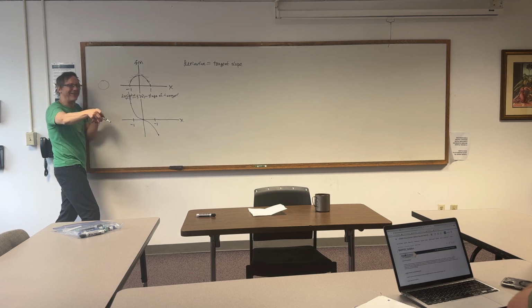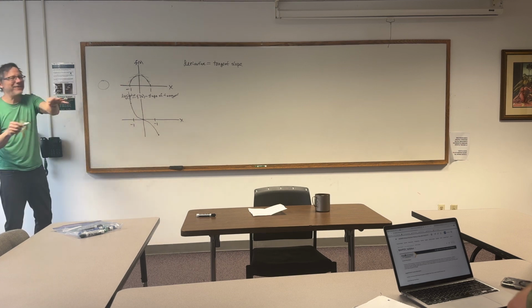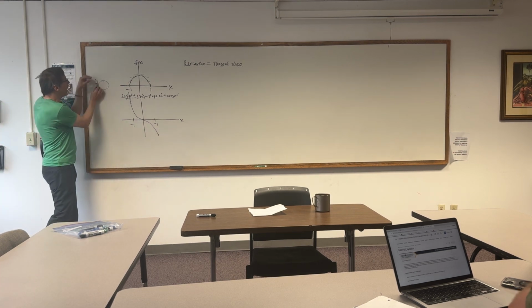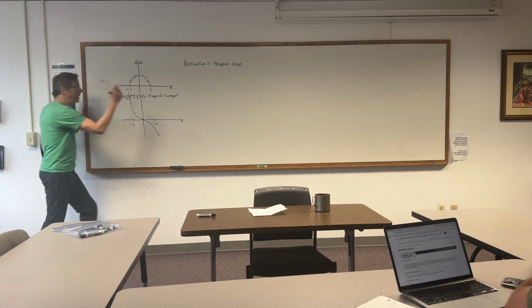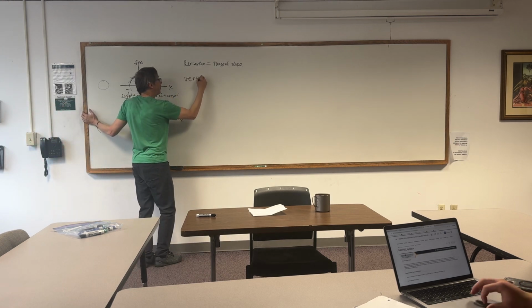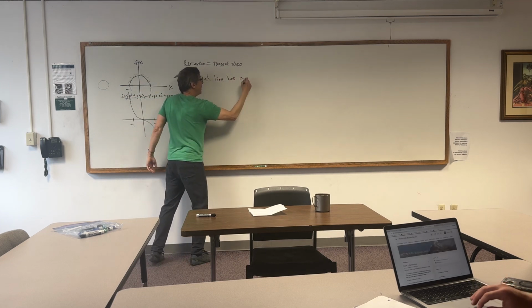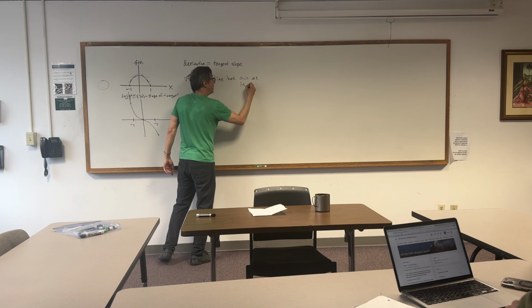Infinity. There we go, thanks. You probably weren't quite sure what I was looking for there, like if I was looking for a number. So right at the edge, let's keep this in mind: a vertical line has infinity as its slope.